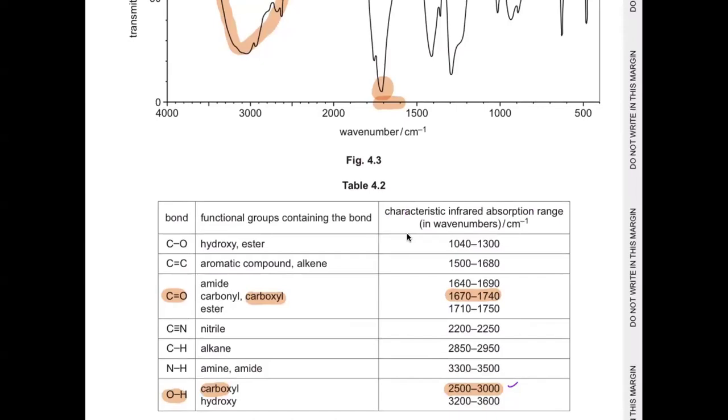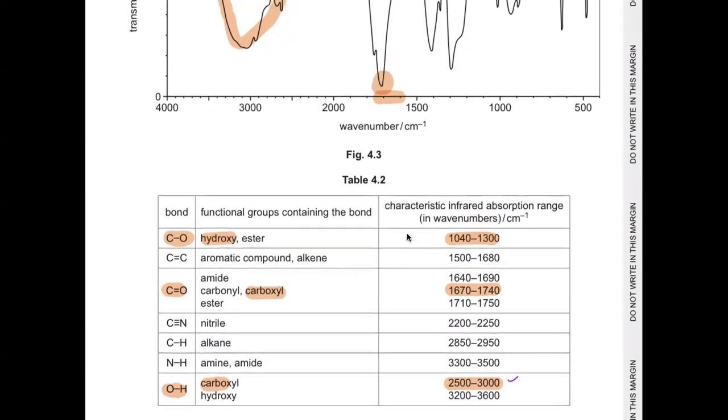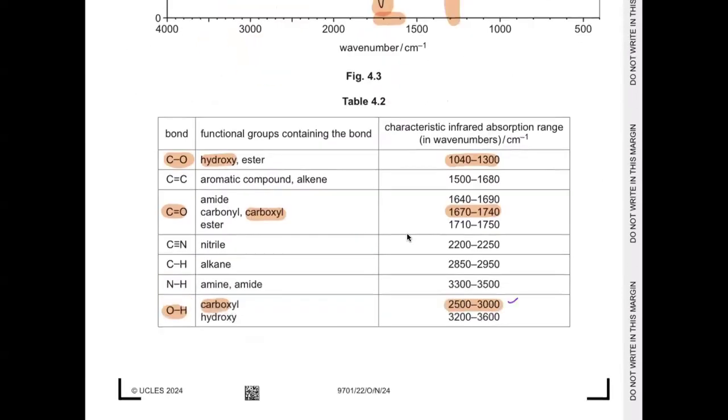Further, if you see, it has a C-O single bond, and that range is 1040 to 1300, so under 1300 we are getting this as well.